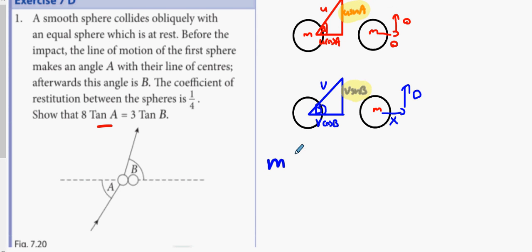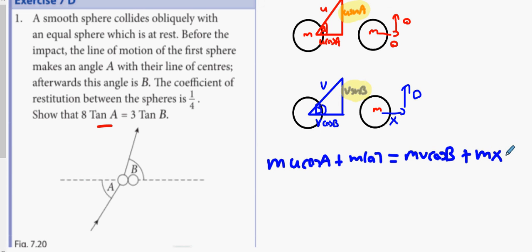M times U cos A plus M times 0 equals M times V cos B plus MX. Now all the M's cancel, and what we should be left with is U cos A equals V cos B plus X.